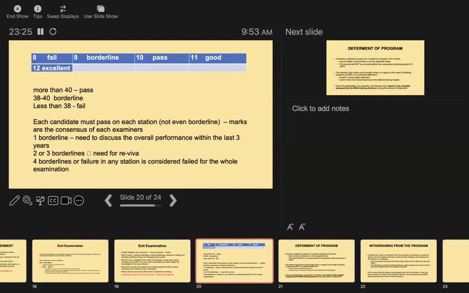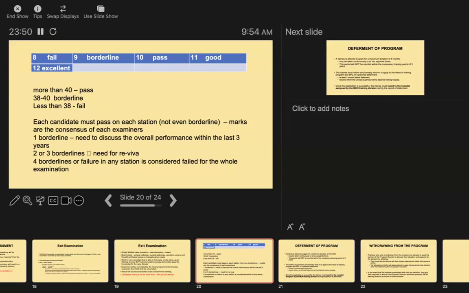So each pathology, soalan thyroid, ada 4 examiner akan dengar you jawab soalan thyroid. So each will give individual marks. So dalam permarkahan diorang akan bagi sama ada you fail, borderline, pass, good or excellent. This is a close marking system.